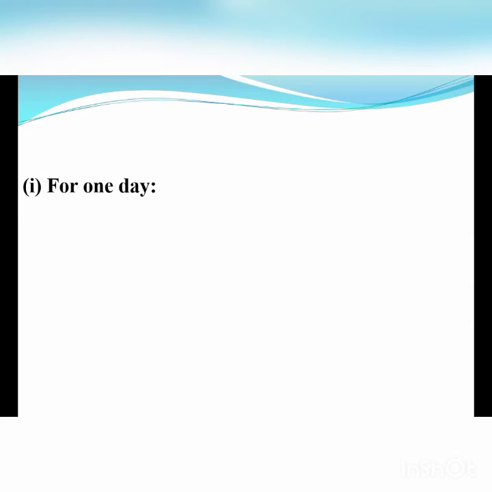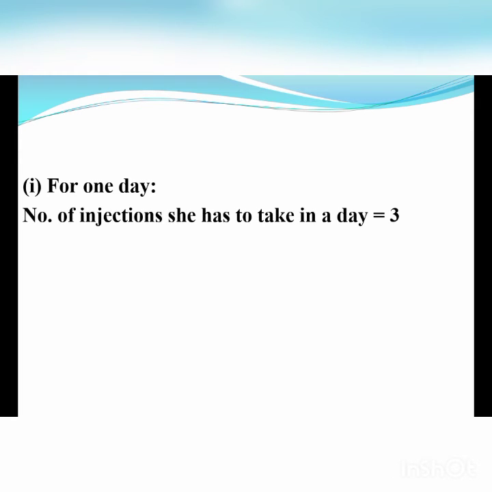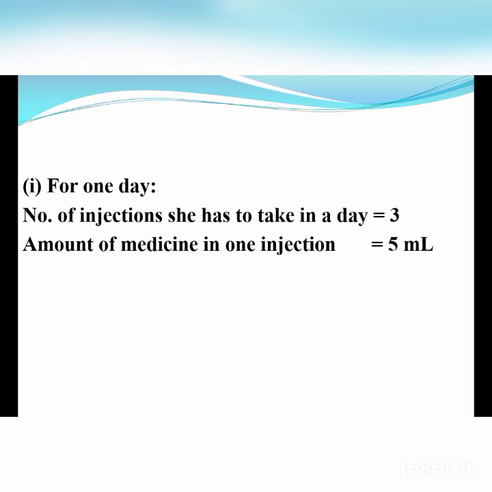Here is the solution of the first question. For 1 day, the number of injections she has to take in a day is 3. Amount of medicine in 1 injection, or we can say the capacity of the injection, is 5 milliliters.